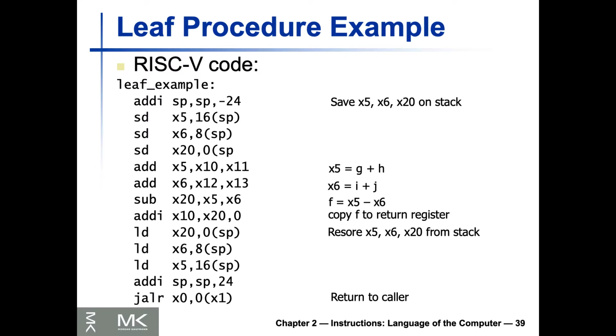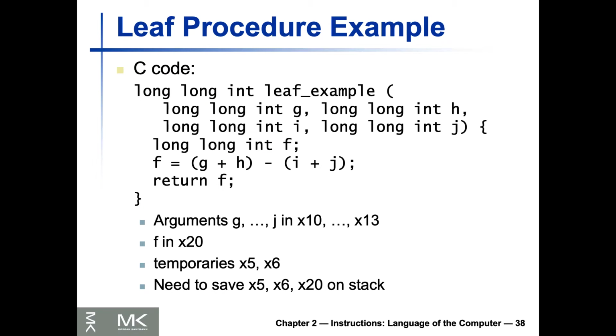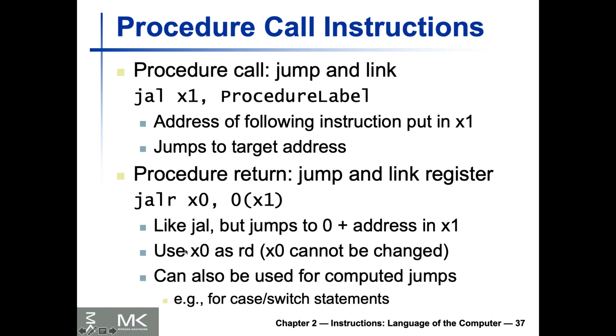Could you explain the last line? Yeah. So JALR here. Guys, this can be your question as well, so just pay attention. JALR is what we call procedure return. We're going to jump and link register.